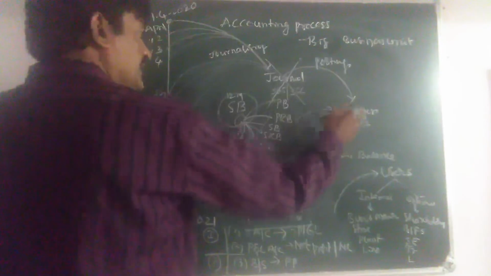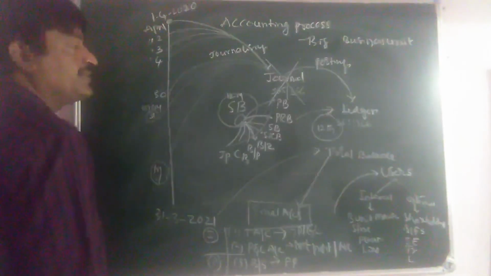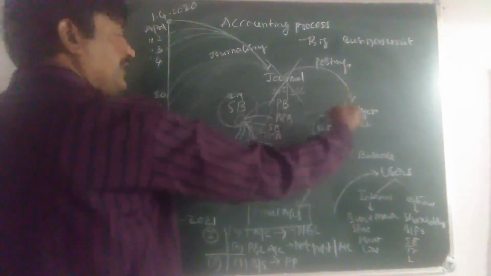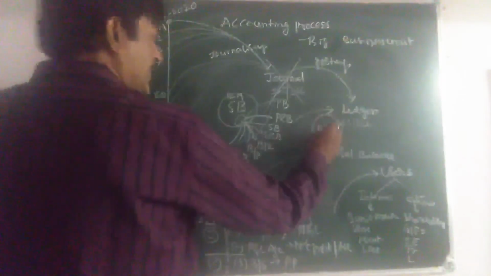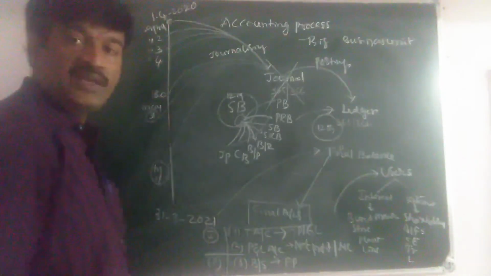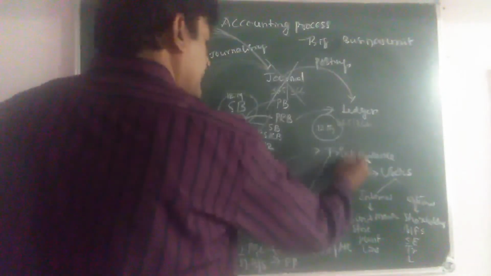The first month's balance is shifted to the next month in the ledger like this. By taking the 12th month balance, we are preparing the trial balance.